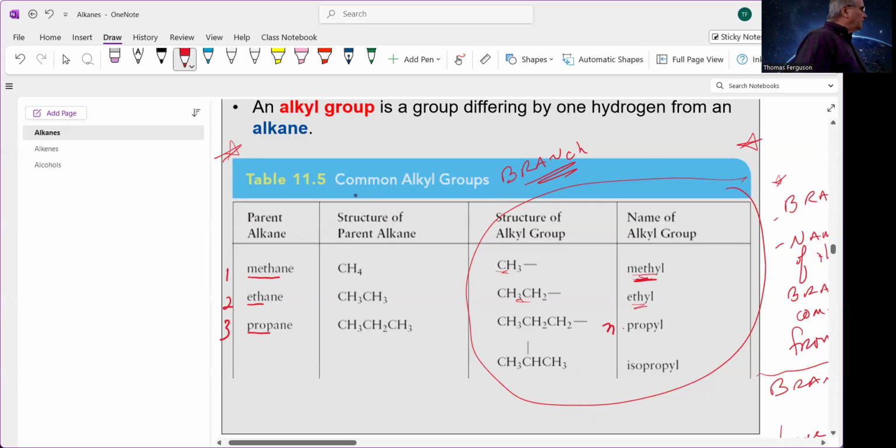Isopropyl alcohol has got an isopropyl group in the alcohol. Okay, so main backbone, we're using the -ane. And if it's a branch off of the main one, we're using the -yl to distinguish it. I'm going to show you lots of examples here in a minute.